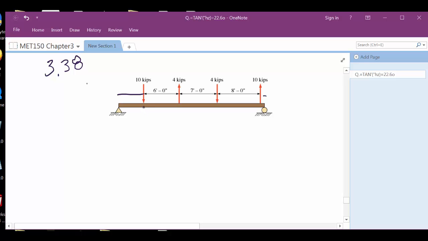See, because you got this and this, right? Those two forces create a couple. If you're driving the steering wheel, it's going to make it go counterclockwise, which is positive. The 4 kips are going to make it go clockwise, which is negative. So when you do your resultant magnitude, it's minus 10 plus 4 minus 4 plus 10.